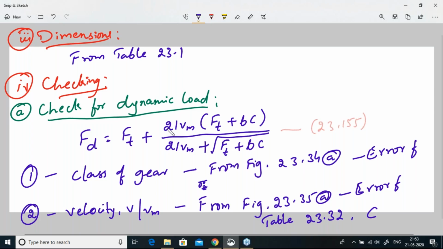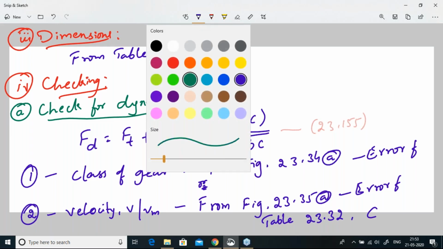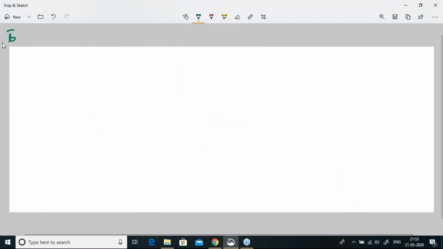Second one, in this step, that is B, endurance strength of the gear tooth.